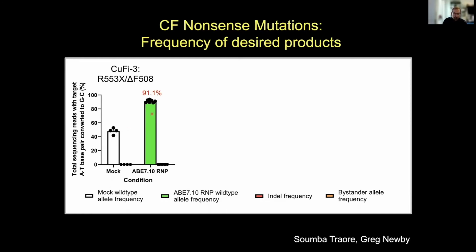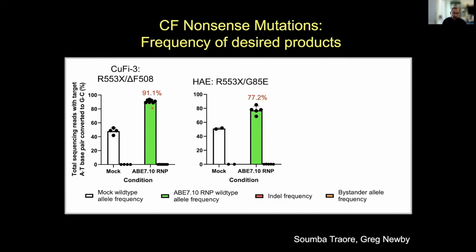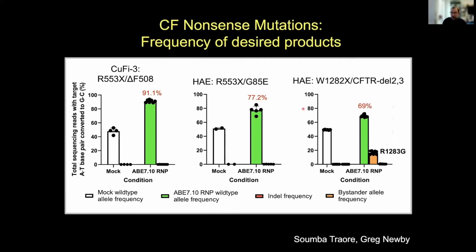Following ABE treatment, we saw 91% frequency of the desired product at that site. For the 553X primary cells, we observed 77% frequency of the desired products. And for the 1282X, the number was 69%. We also saw a 16% conversion of the bystander edit there, the A next to the target, with R1283G introduced.